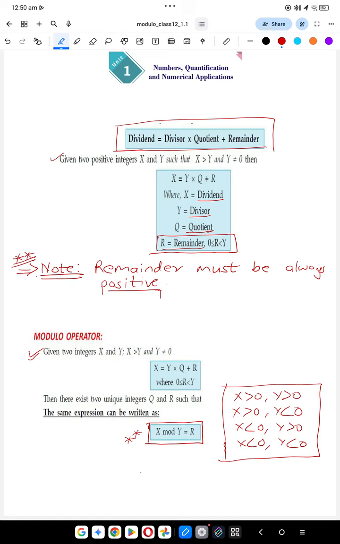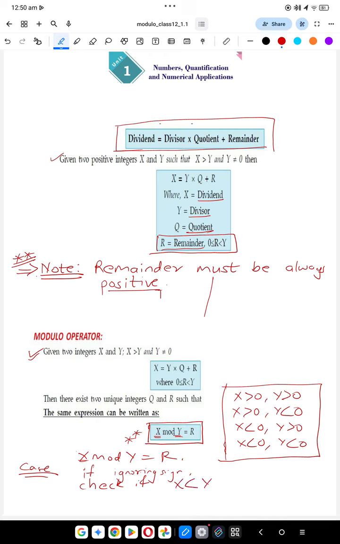I will give you one key understanding. If we have x mod y equal to r, considering only the value, which is the modulus, ignoring the sign, check if x is less than y.